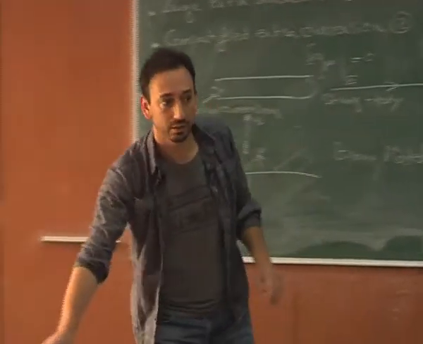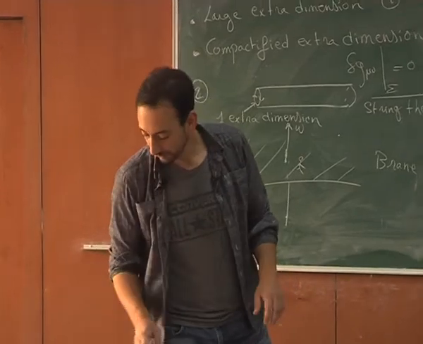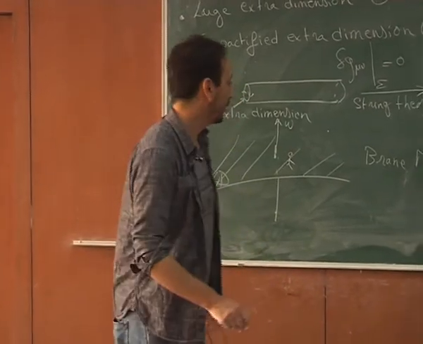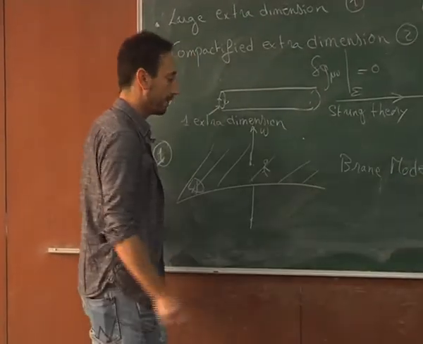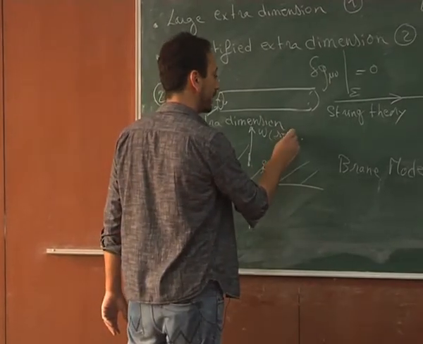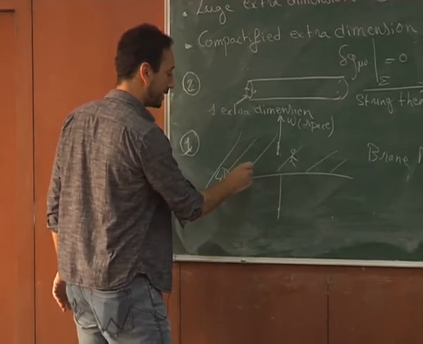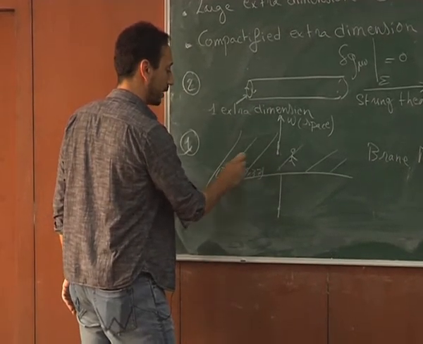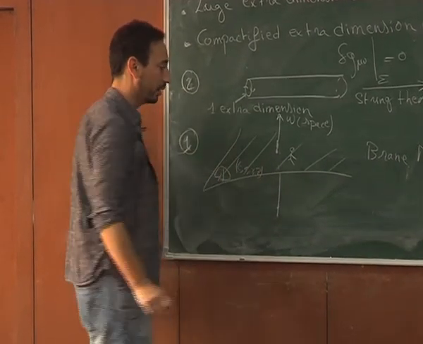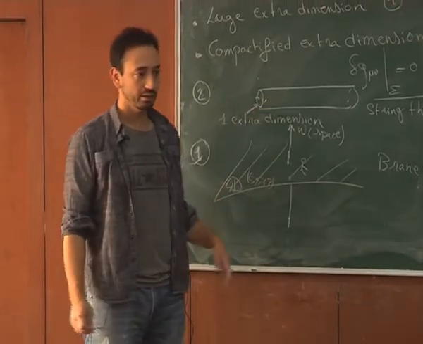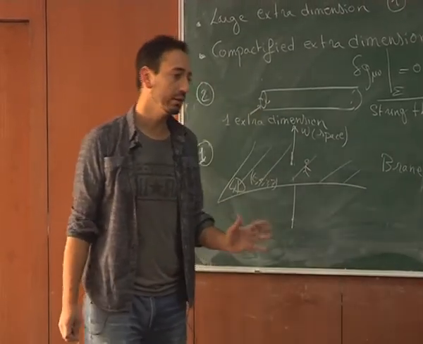Sir, so do we take the time as a large extra dimension or not? No, usually it's space. So usually this coordinate is space. So here we have t, x, y, z. We have already a time here, and the extra dimension is space. Mostly everyone does this.